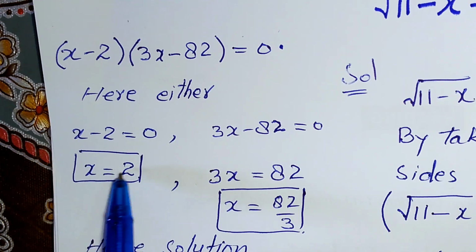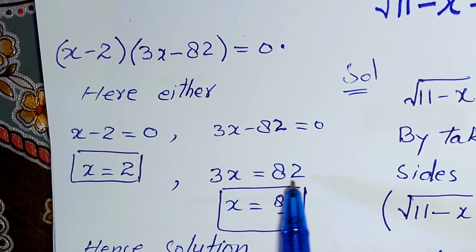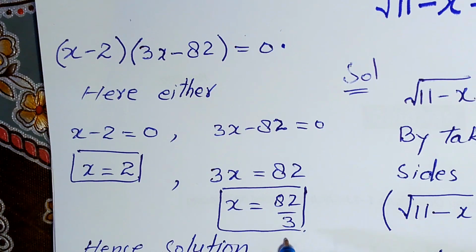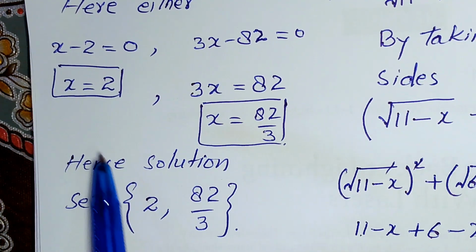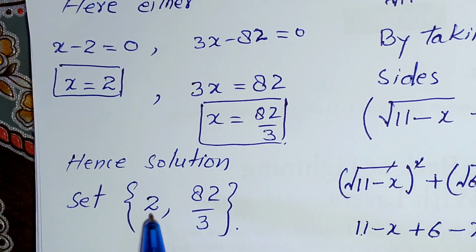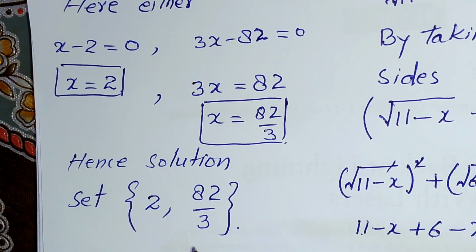So this will give us x is equal to 2, and this will give us 3x is equal to 82 and x is equal to 82 by 3. So here is the solution set for x: 2 comma 82 by 3. So this is our answer.